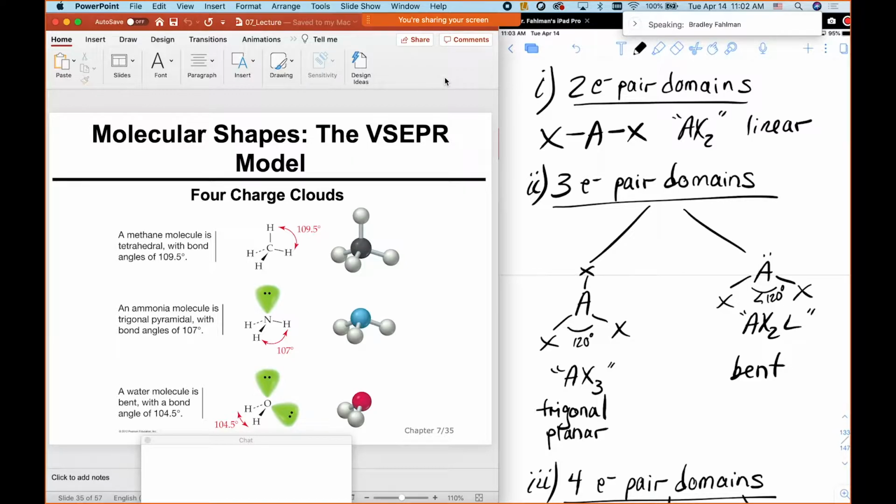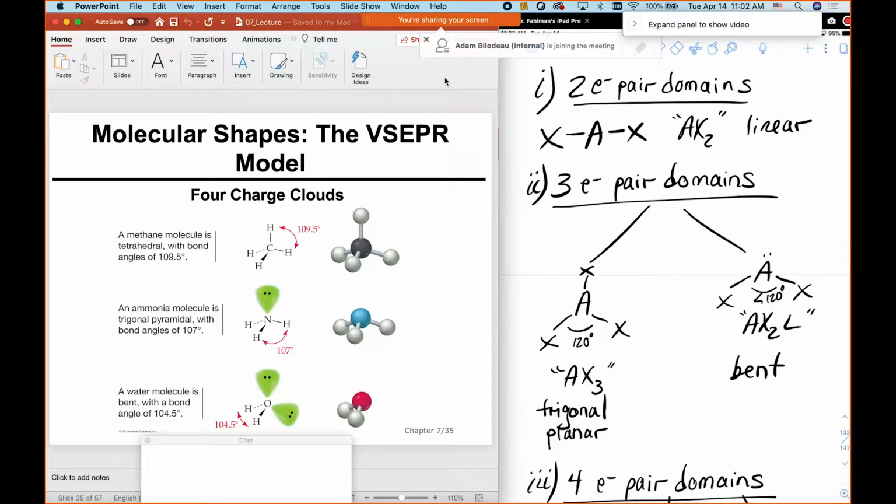Today we will talk about the last part of this VSEPR theory. And then, as time allows, we'll start talking about what's called valence bond theory, or a little more detail of what orbitals overlap when you're forming covalent bonds.